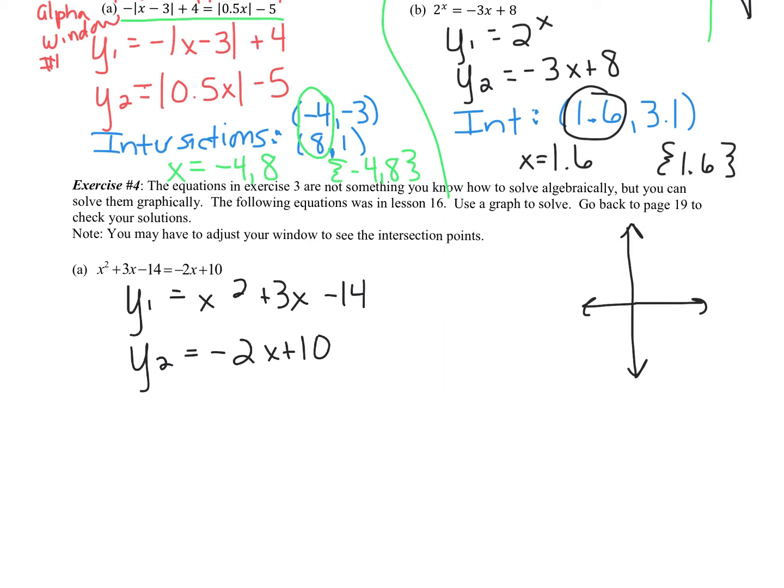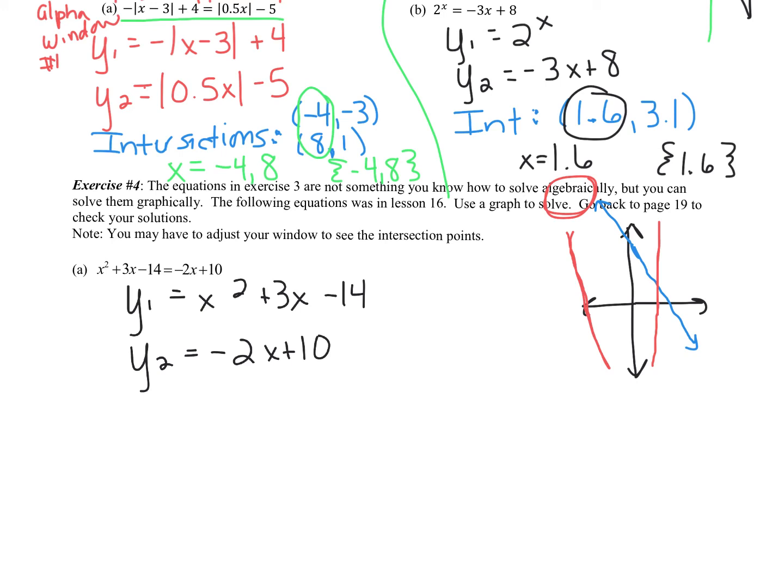Basically when I graph them, the one graph goes kind of like this, okay? And the other graph comes like this. And this is all I see. Now, if I think logically about it, right up here somewhere, they're also going to intersect if we were going to continue that. So I'm going to press the window button on my calculator.